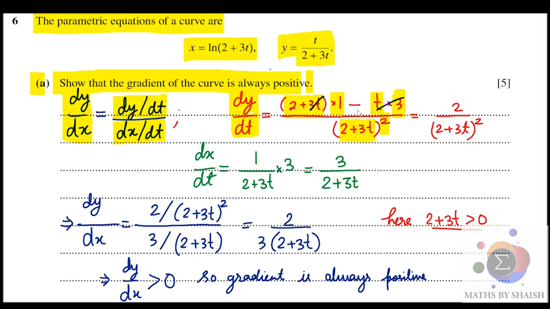If we multiply, 3t minus 3t would be cancelled, and finally we get dy over dt as 2 over (2 plus 3t) whole square.